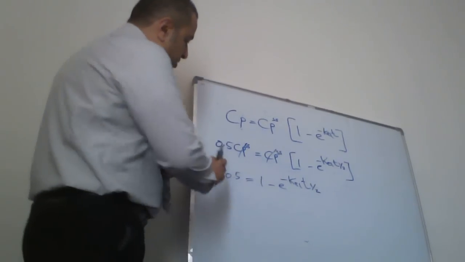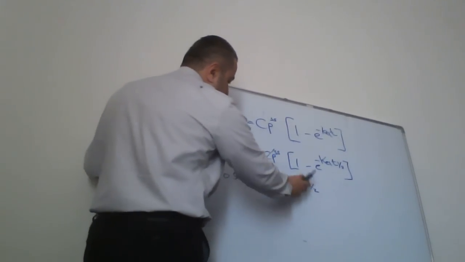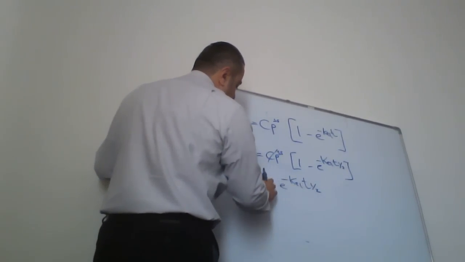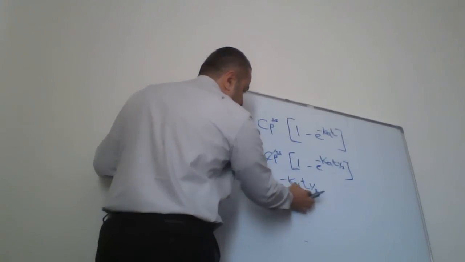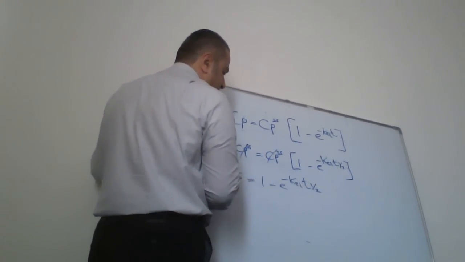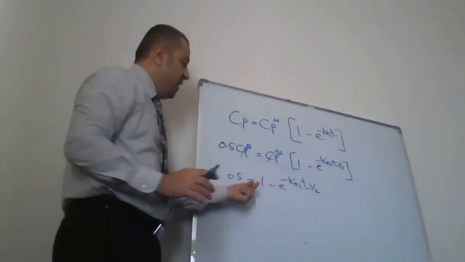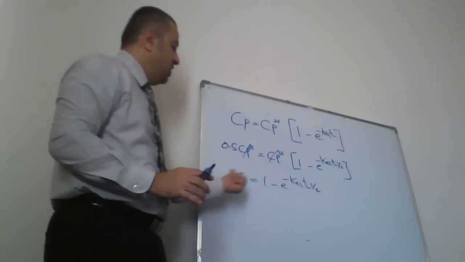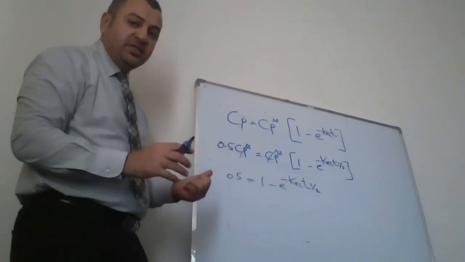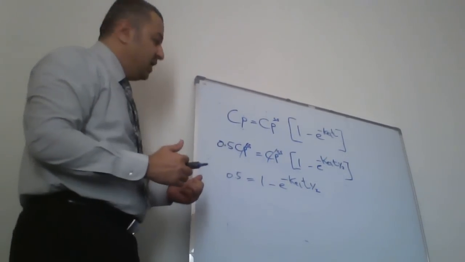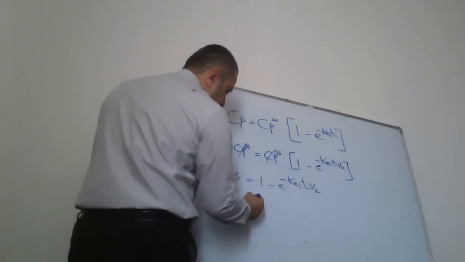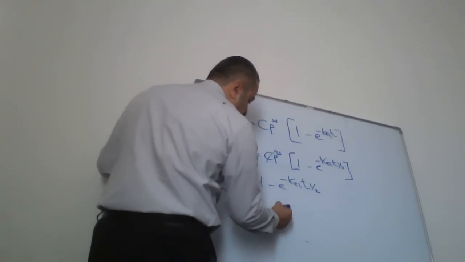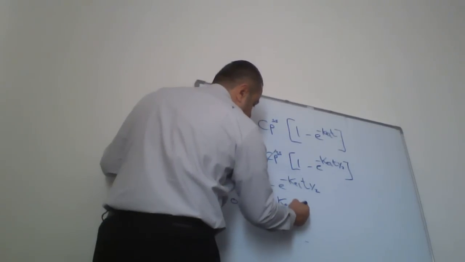Okay, so you could arrange, take half to this side, 1 minus half, and take the e to the power of minus KLP T half to the other side. So you will have 1 minus half is equal to e to the power of minus KLP T half. So 1 minus half is half. So half is equal to e to the power of minus KLP T half.